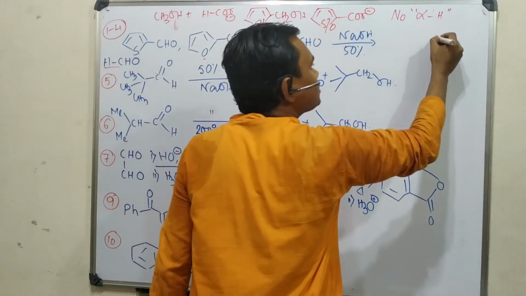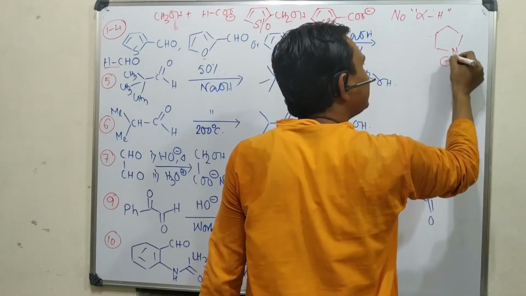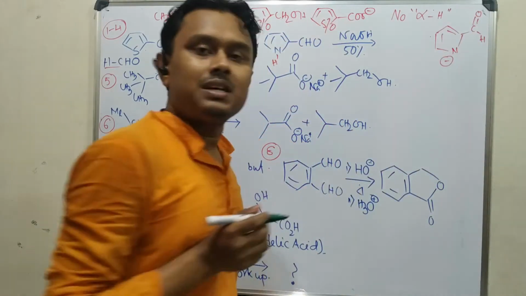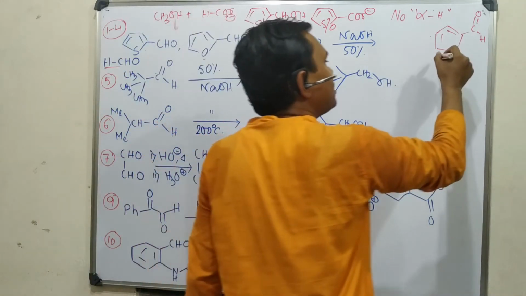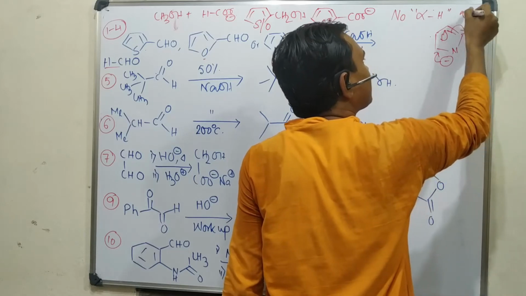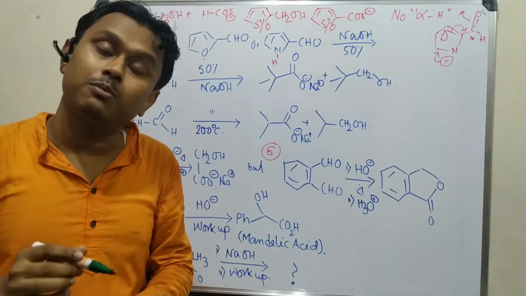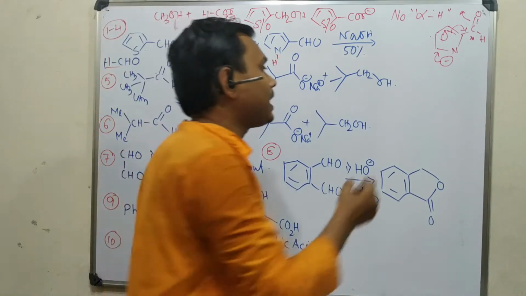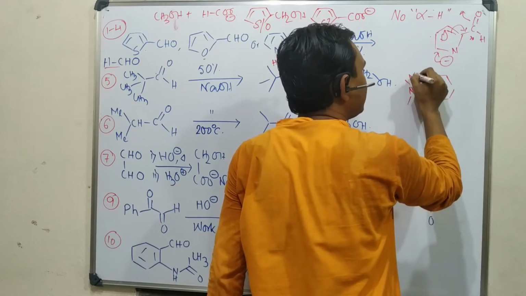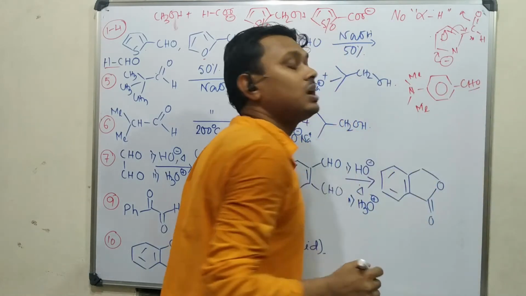So it will produce this N minus with CHO. And this N minus donates its electron through the ring in this way, and the electron deficiency of this carbonyl carbon decreases. In the previous video I explained one example, N,N-dimethyl benzaldehyde with CHO. These don't undergo the Cannizzaro reaction.